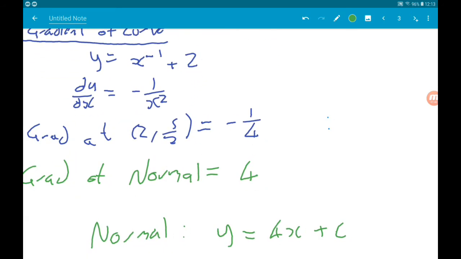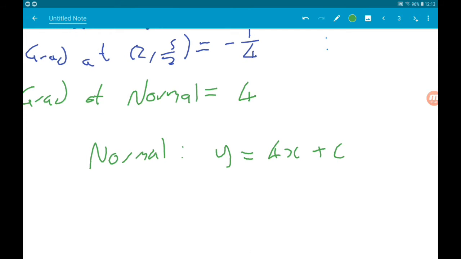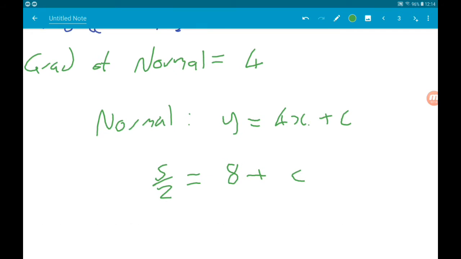So we substitute those coordinates in, so we get 5 halves is equal to 4 times 2, which is 8, add c. Now 8 is 16 halves. 5 halves minus 16 halves tells us then that c is minus 11 halves.